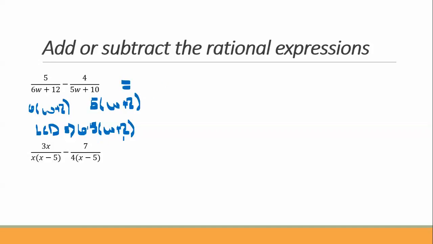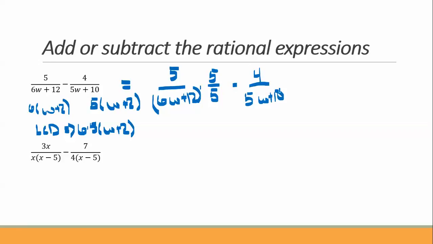What do we need to multiply the first fraction by to get this denominator? We need 5 over 5. So we have 5 over 6w plus 12 times 5 over 5. Let's remember to put that in parentheses, minus 4 over 5w plus 10 in parentheses times 6 over 6, because that's what was missing after we factored it.